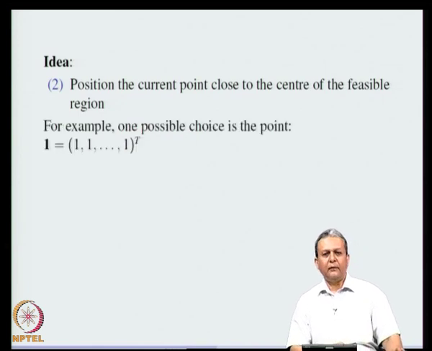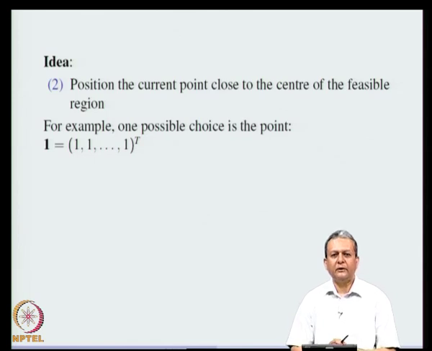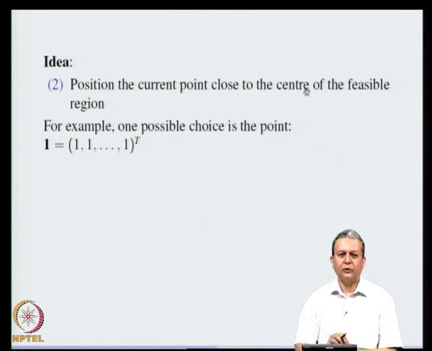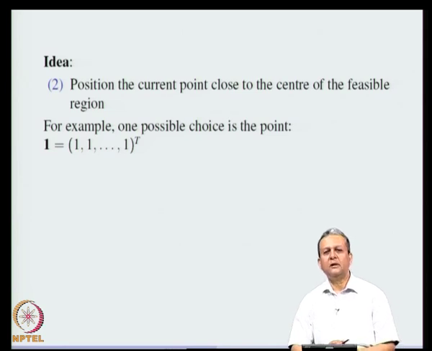In affine scaling, a preferred choice for this point close to the center is the point where all the coordinates are 1. So, all the coordinates have equal values, and that is the preferred choice in affine scaling for the point close to the center of the feasible region.